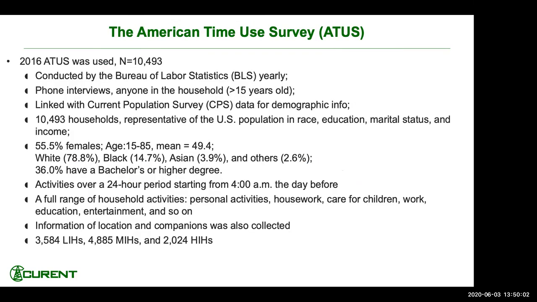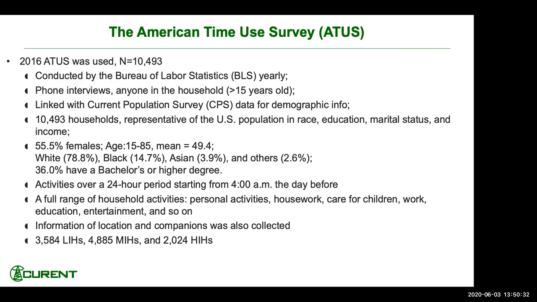So we use the American Time Use Survey. Again, this is a nationally representative sample. And we divided low-income, medium income, and high income again, based on a similar approach, the federal government's income rate and also household size. Then we analyze 24 hours of activity throughout the day and look at what low income, medium income, and high income people are doing during the day.